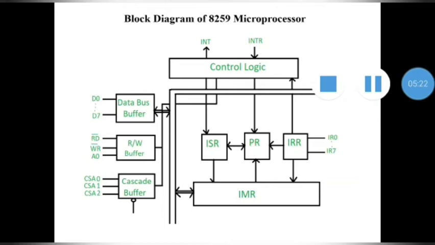And the IMR operates on the interrupt request register, in the direction of the priority resolver. You can see in the figure the direction of arrows.